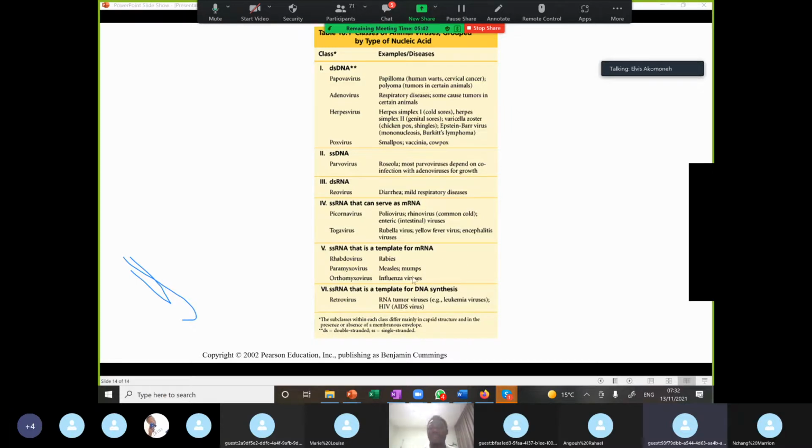So this is just to bring you the basic classification of viruses, but there are other methods that are used to classify viruses. Again, we could use the host range, we could use the disease range, and so on. But this is the backbone for viral classification based on the type of nuclear material found inside the virus.